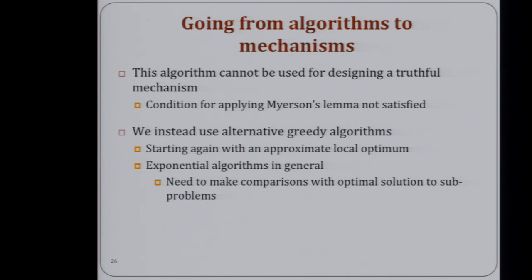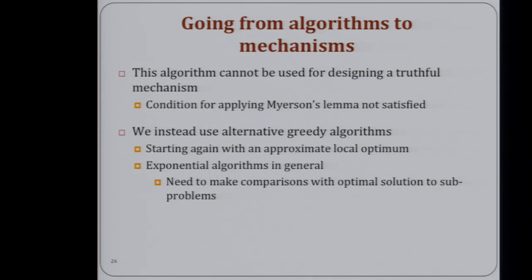As I said, most algorithms known for these problems were exponential anyway. So here we will also get in general exponential algorithms for an arbitrary symmetric submodular function, because these greedy algorithms at some point need to compare certain solutions with the optimal solution of some subproblems.